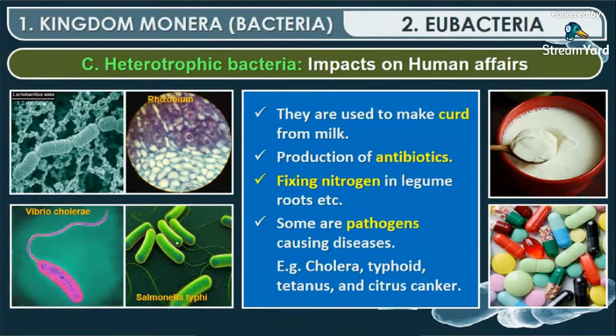And some are pathogens, that is, harmful, causing diseases like cholera, typhoid, and tetanus in animals, and citrus canker in plants. So there are both useful and harmful effects of these bacteria.